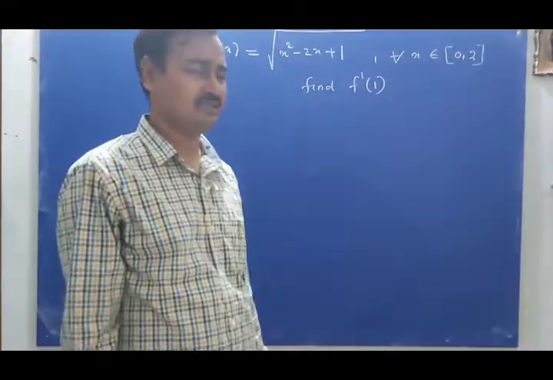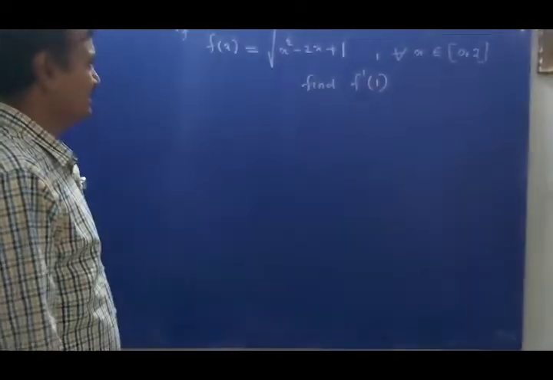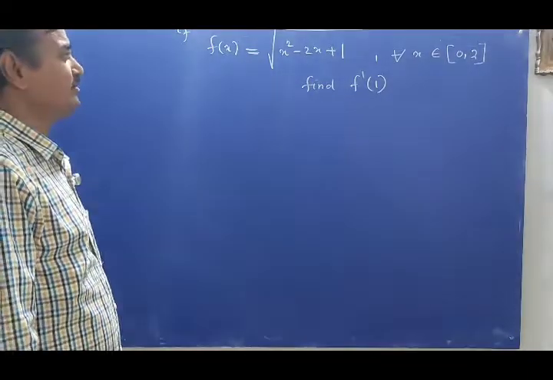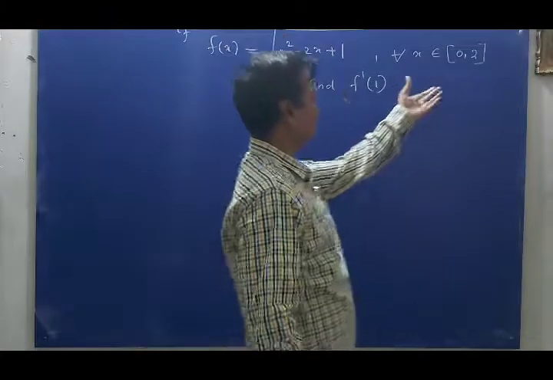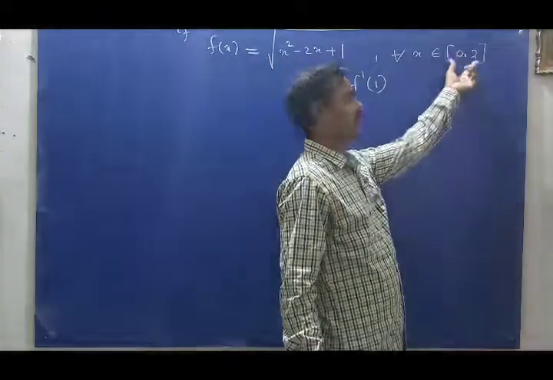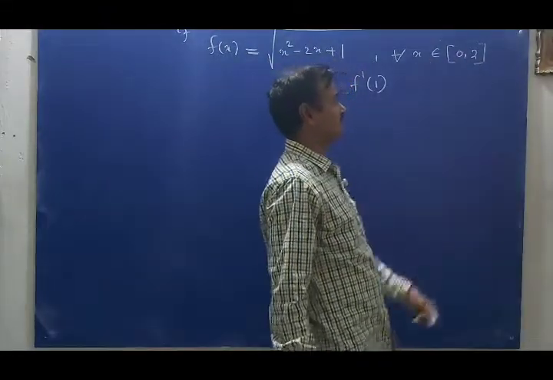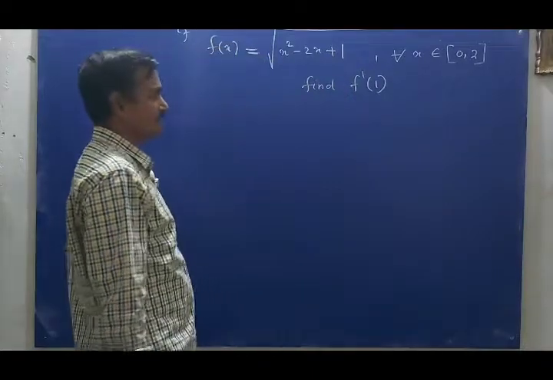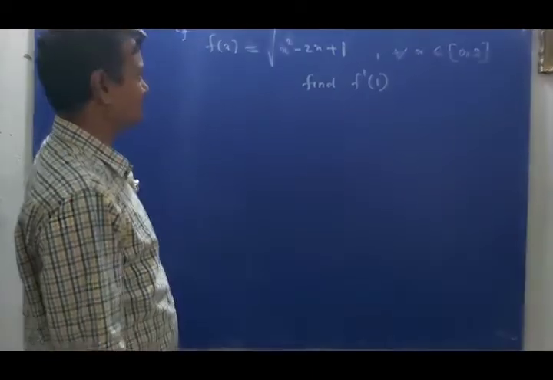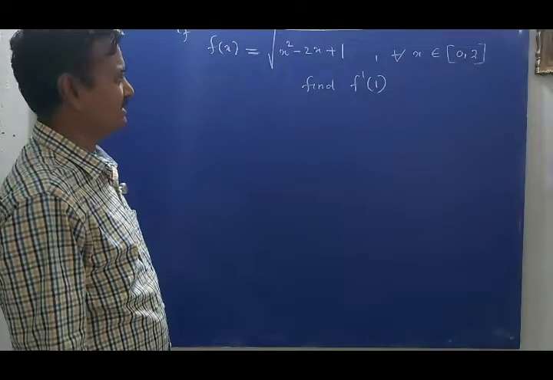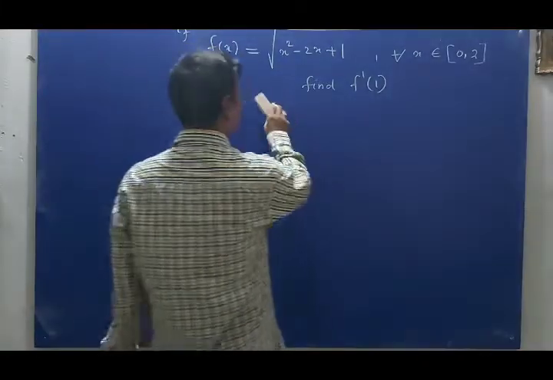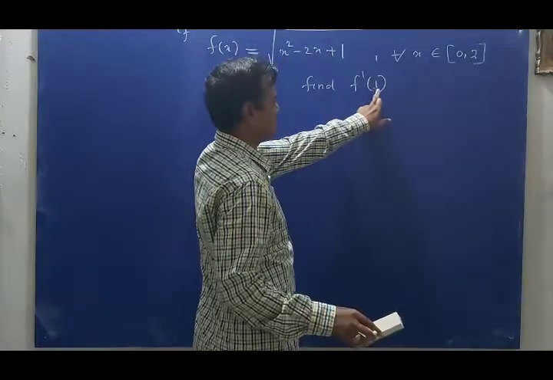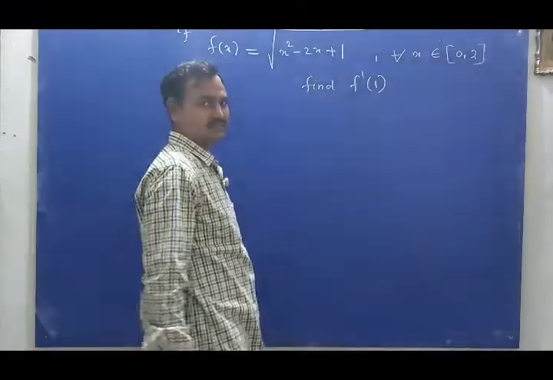That means find f dash of 1. f of x is given for all x in the domain, x belongs to closed interval 0 to 2. Then find f dash of x at x is equal to 1.